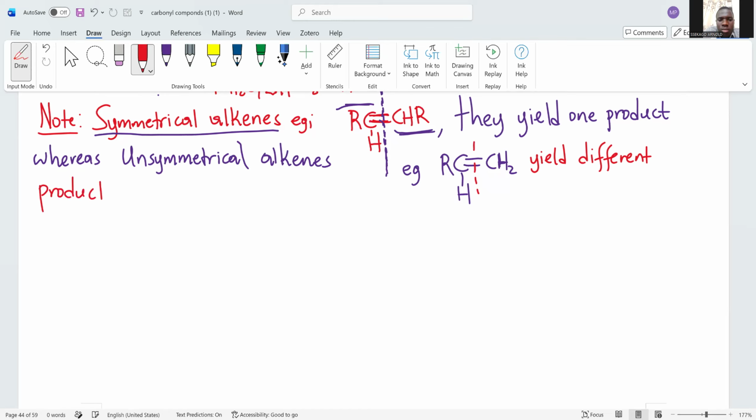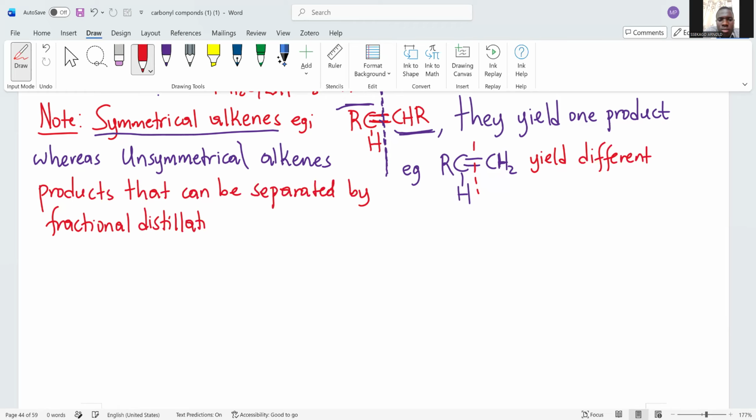If there are different products, they can be separated by fractional distillation.